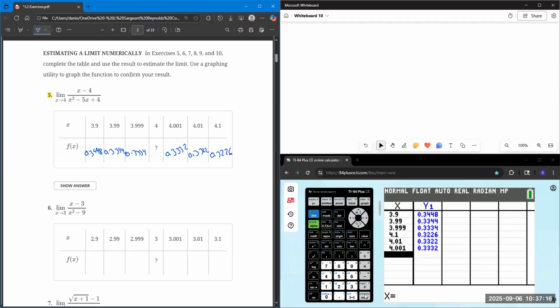And so it appears that this is approaching 0.3 repeating, which is exactly 1/3. And we'll learn how to prove that with algebra in a little bit.